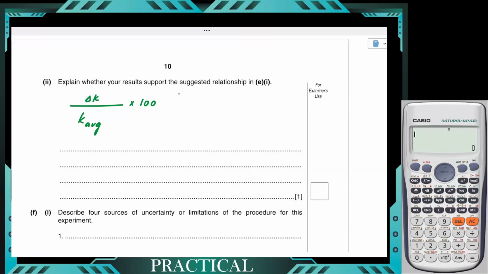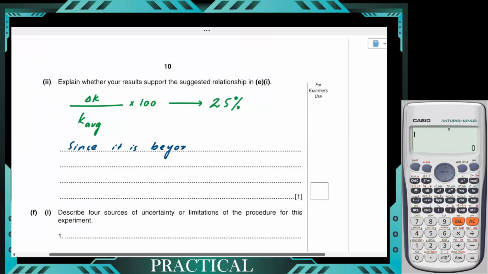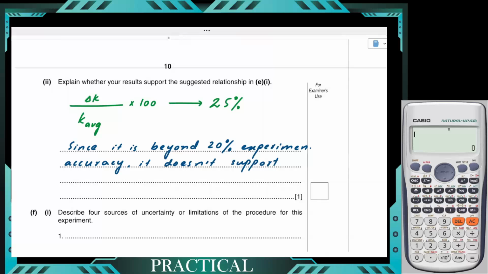And if the answer to this expression is, let's say, 25%, then you say, after you set a criteria, since the error is beyond 20% of experimental accuracy, it doesn't support. You have to mention the criteria. You can also go with a criteria of 15%.